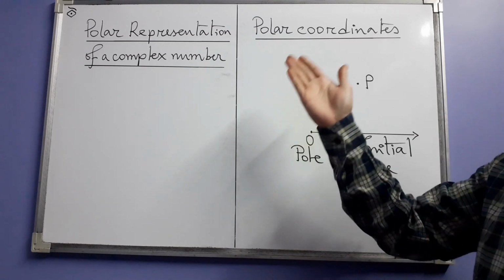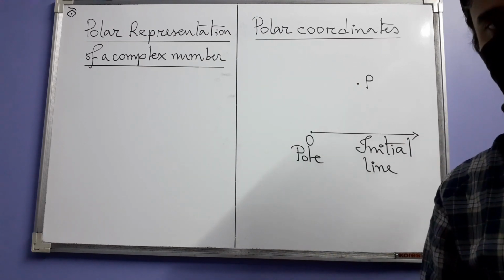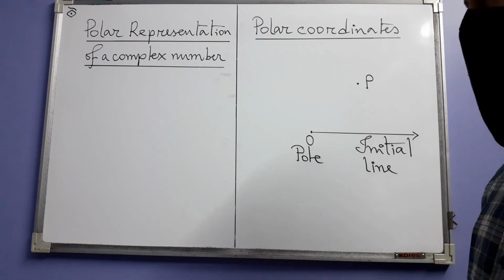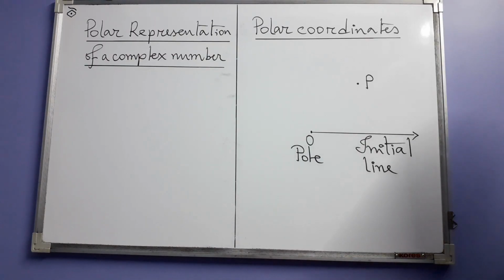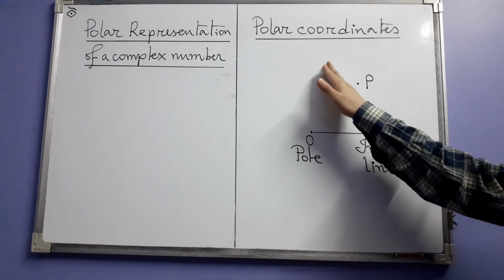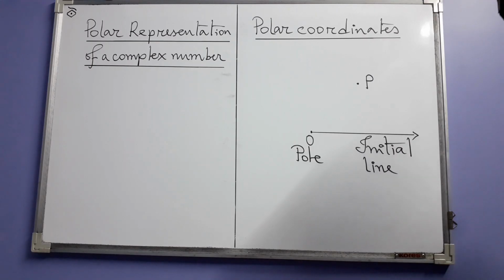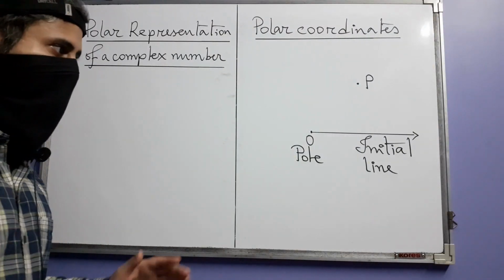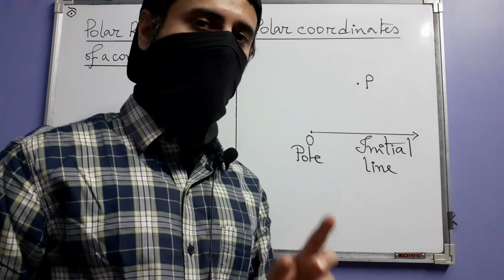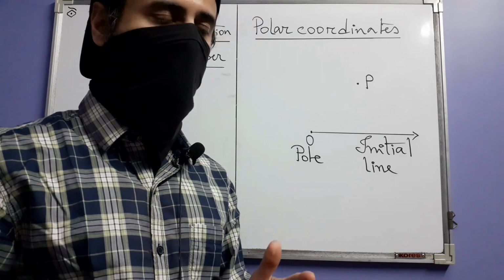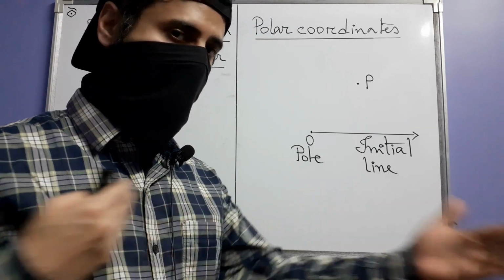Next, let us see the polar representation of complex numbers. For that, we need to first of all look at what polar coordinates are. Although most of us already know what polar coordinates are and what the polar coordinate system is, let's just quickly see what it is. Here, instead of x and y axes, we have only one axis, and that too is not a full straight line.